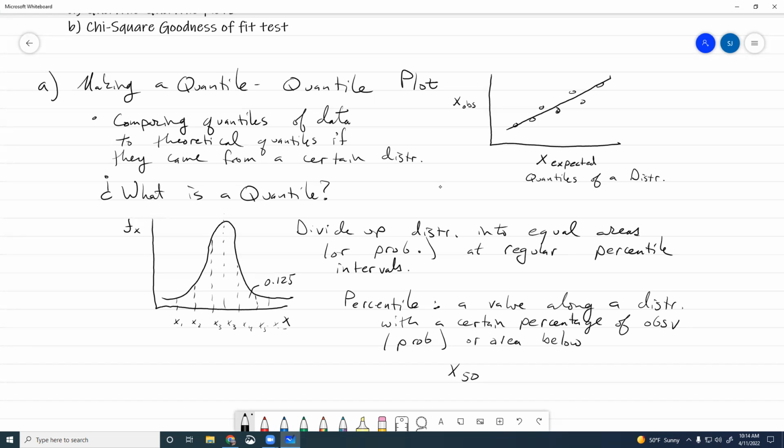So the X50, or the 50th percentile, is the median, and 50% of observations fall below.